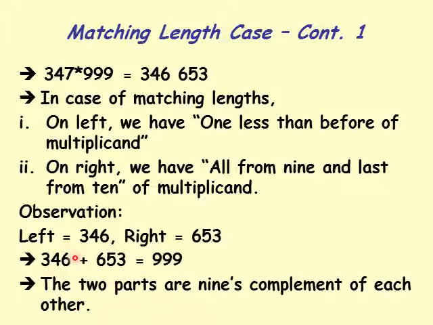That means 346 and 653 are nines complement. You get 653 from 346 by applying all from 9, and 346 from 653 also by applying all from 9. Okay, let's continue here.